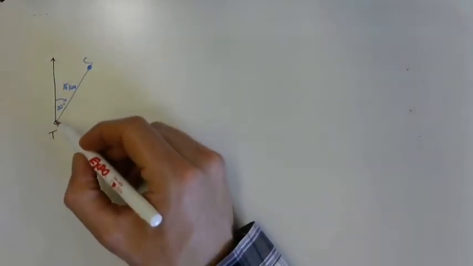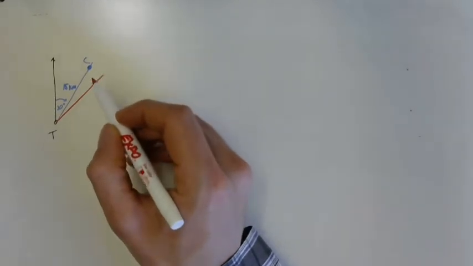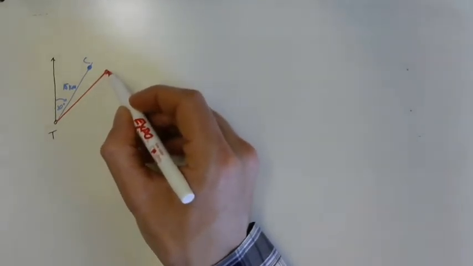Let's see what else we're working with. There is also a Cessna Skyhawk 16 kilometers from the tower in a direction of 40 degrees east of north. So now we have 40 degrees east of north, 16 kilometers.